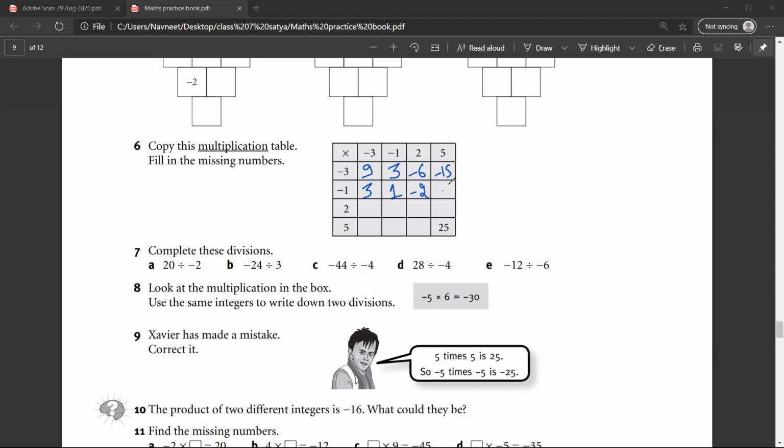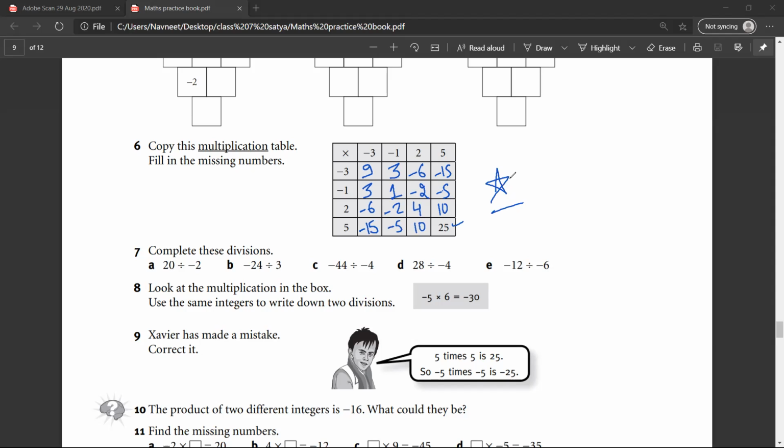Then it will be -5. -6. -2. 4. And 10. -15. -5. 10.